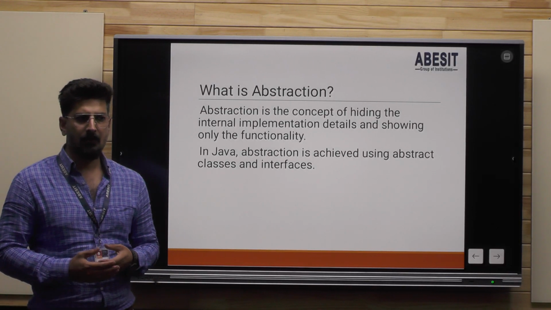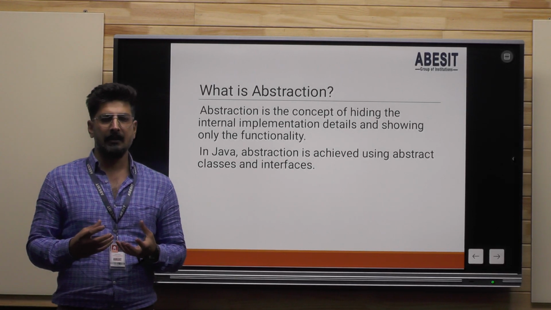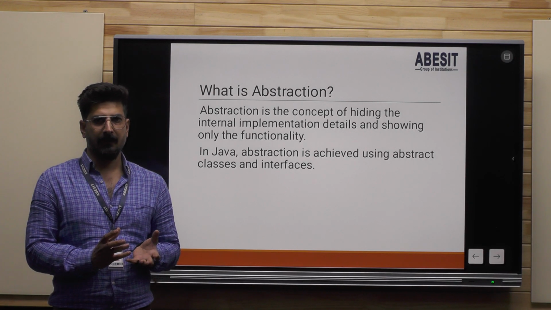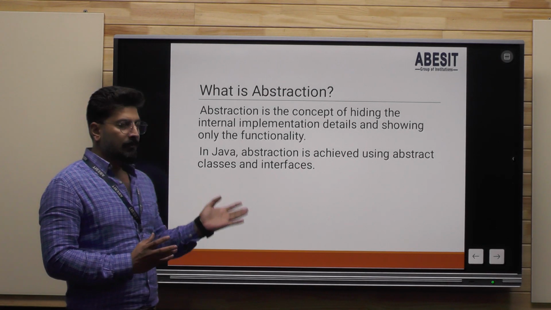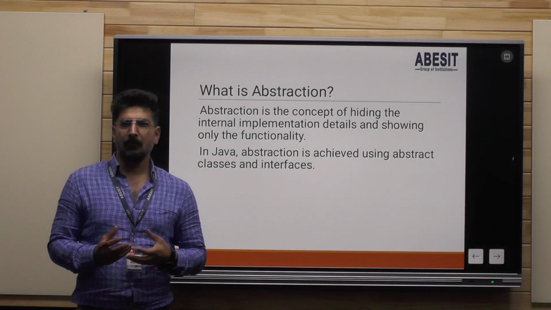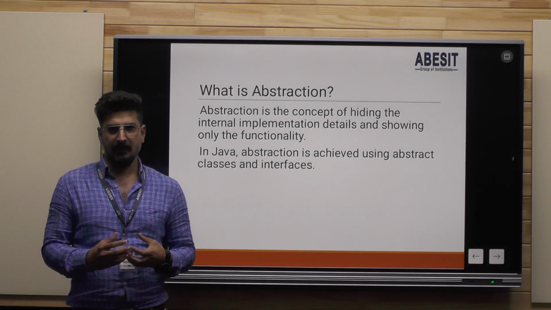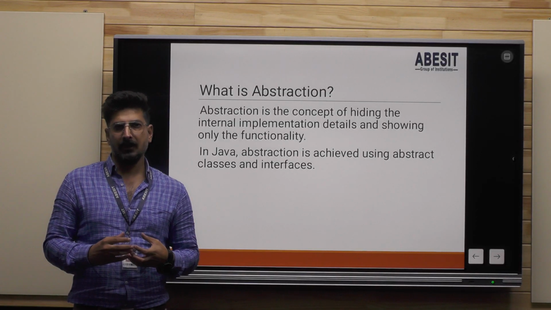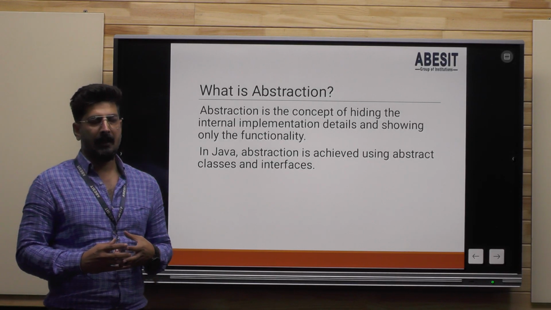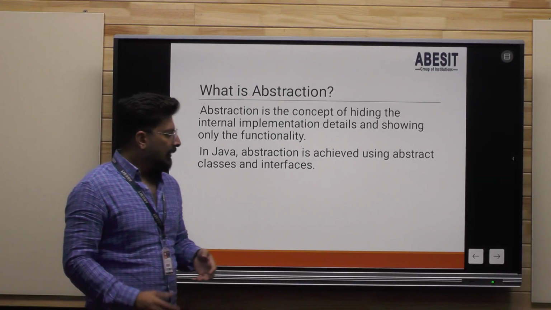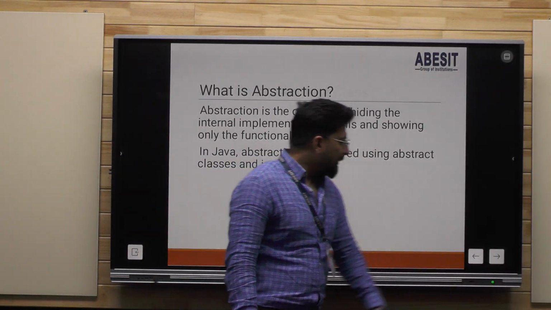So abstraction means you are focusing on the important tasks and hiding the rest of the functionality. That concept is implemented in OOPS Java with the help of classes, and we will also use the inheritance property.